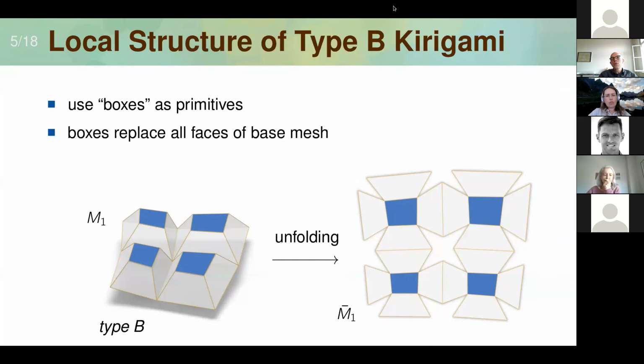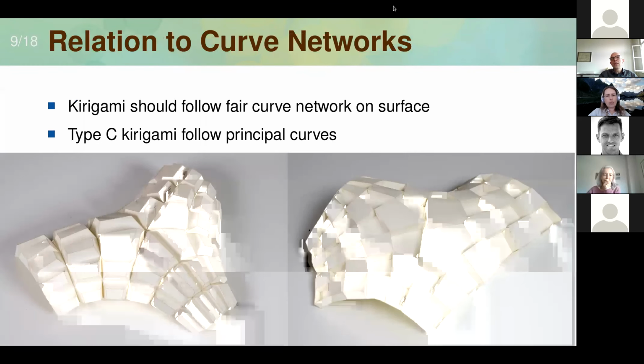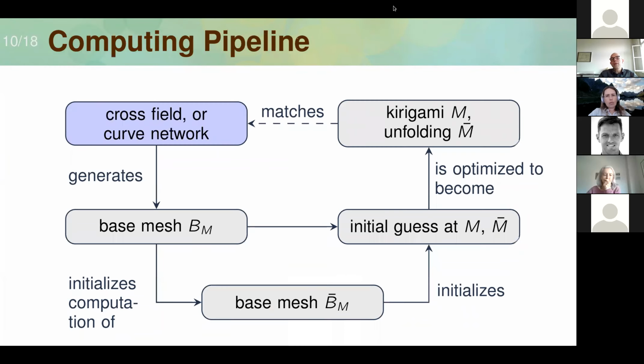So what you do to initialize your base mesh is you just assign new edge lengths by those factors to your given base mesh, and then you can compute an as rigid as possible two-dimensional version of it, and that is now your initial guess at the base mesh associated with the unfolding, and in a second step, initial guess at the unfolding.